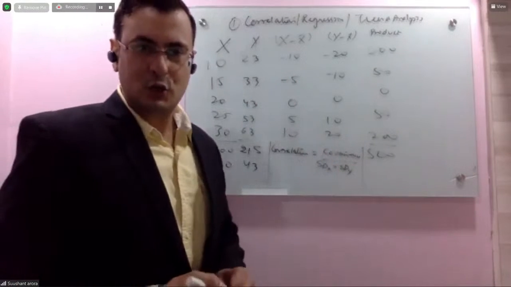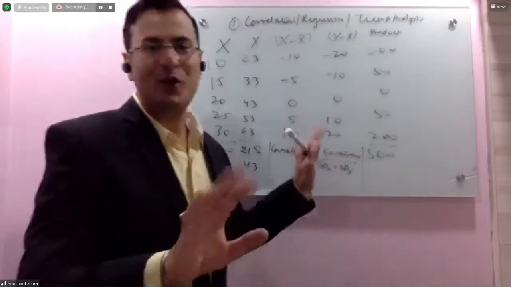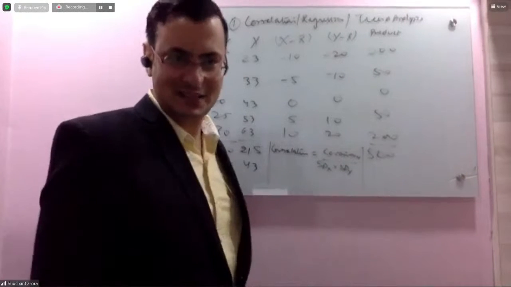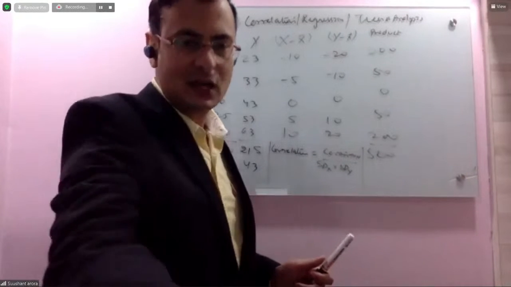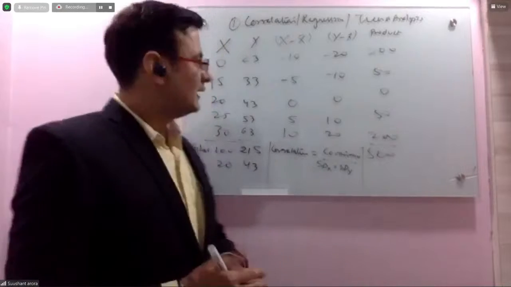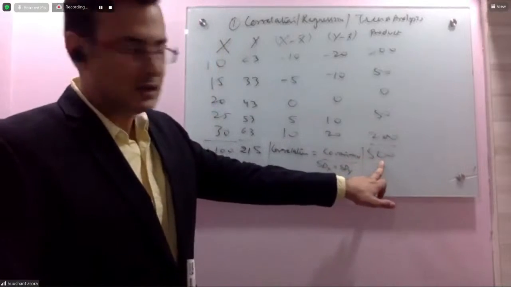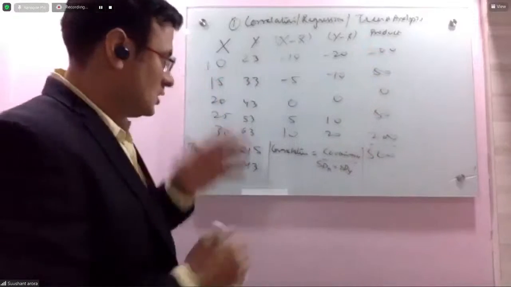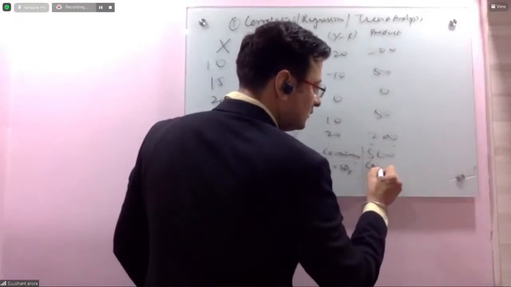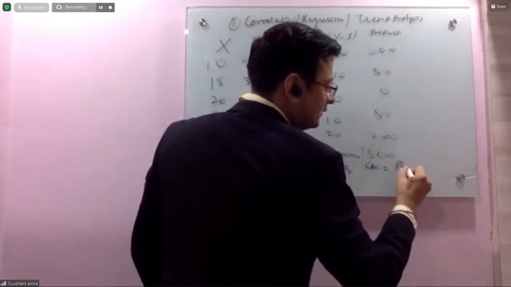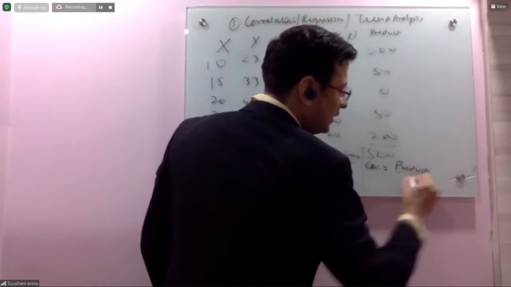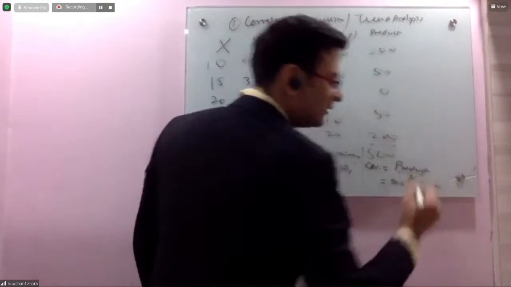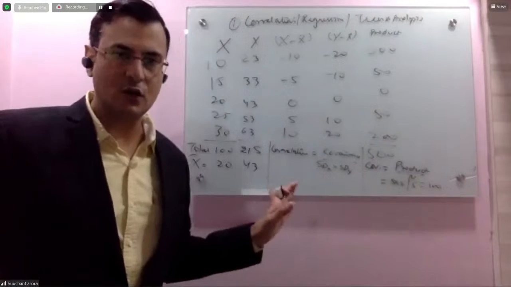Don't worry, I will not be doing all those calculations. We have our Excel with us, and I'll share the Excel with you. The covariance is the sum of the products of xy divided by n. Product by n, which is 500 divided by 5, equals 100. Clear, guys? This is our covariance.